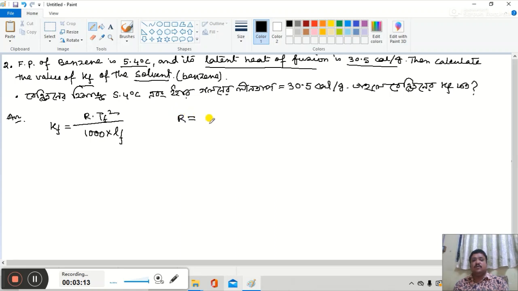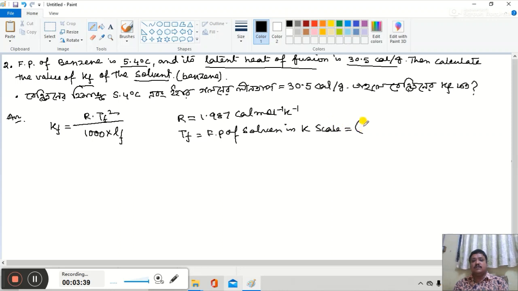where R is the universal gas constant, its value is 1.987 calorie mole inverse Kelvin inverse. Tf is the freezing point of solvent in Kelvin scale.